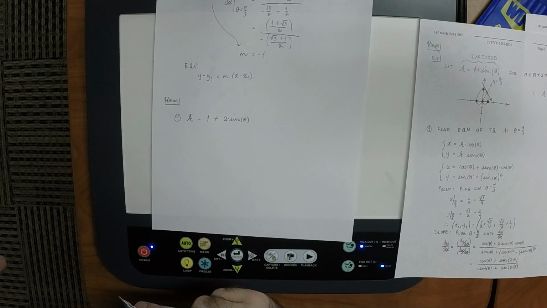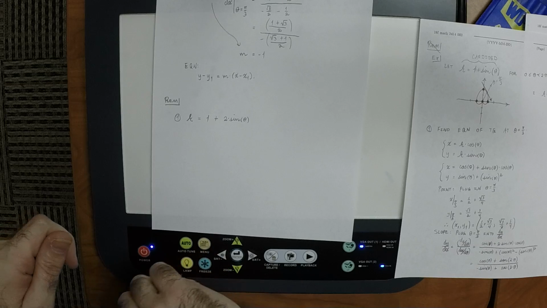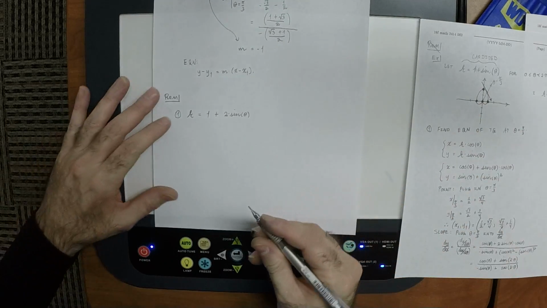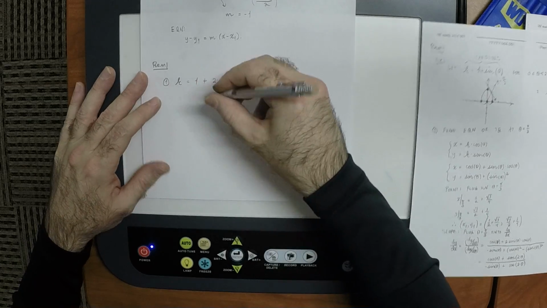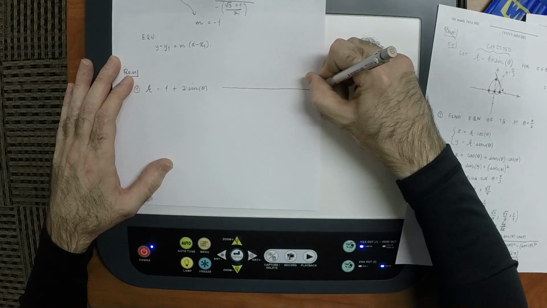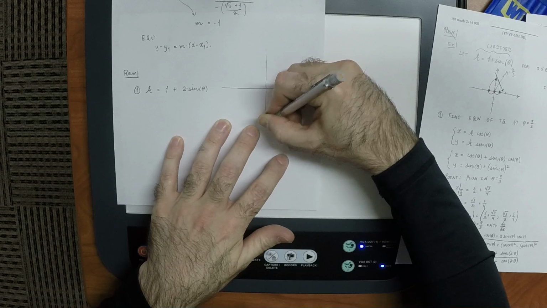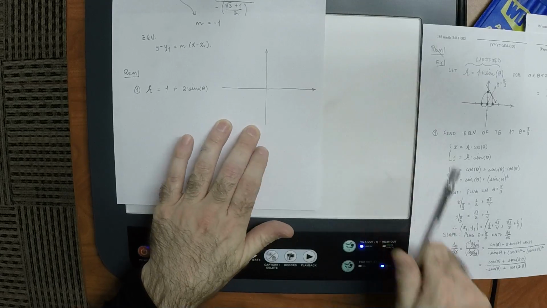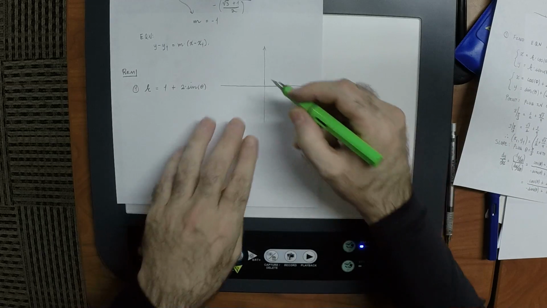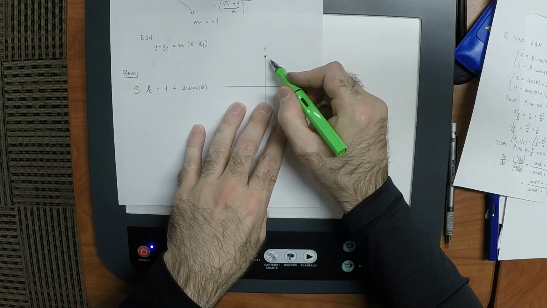Meaning that the angle is pointing one way, but the actual plot is in the negative direction. So if we do this, it'll end up looking like this. According to the things we just said, there's going to be a maximum at 3, and it's going to occur at the angle which is straight up.